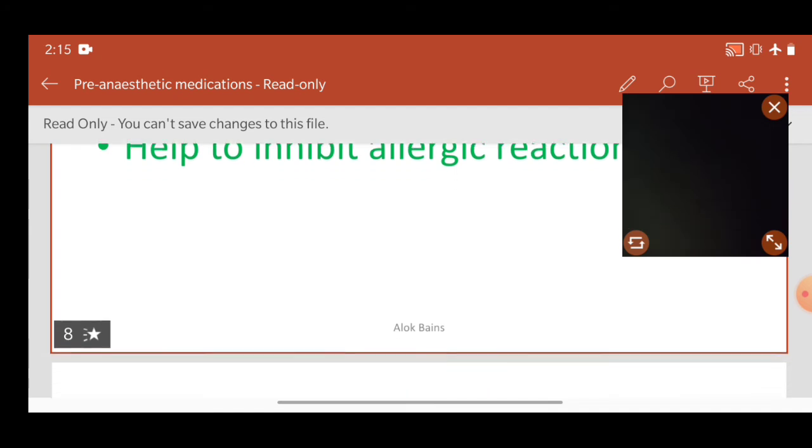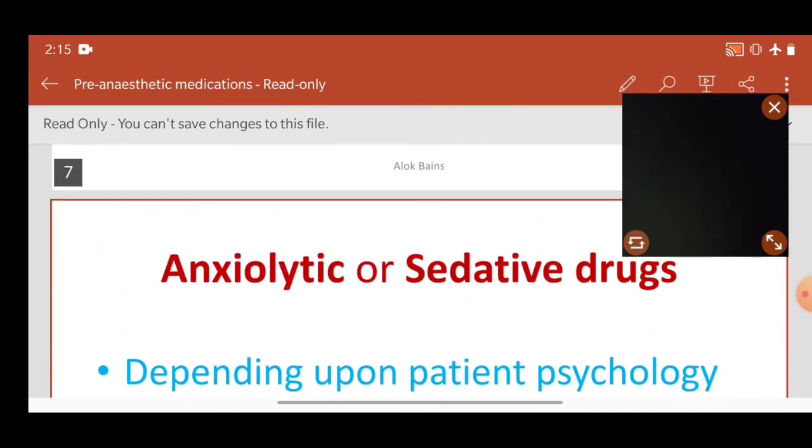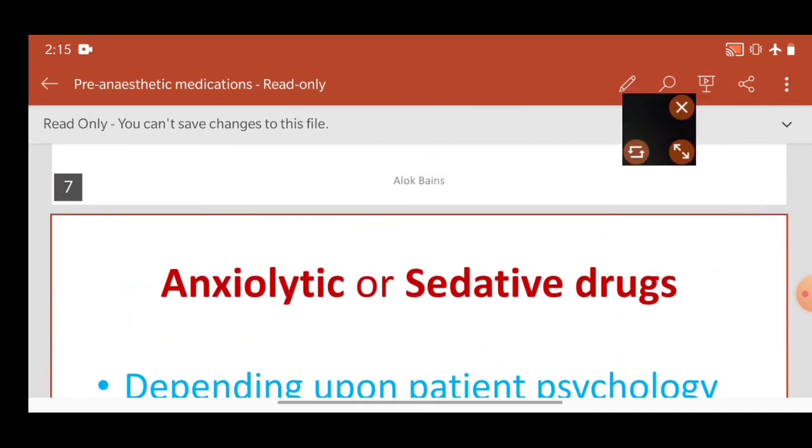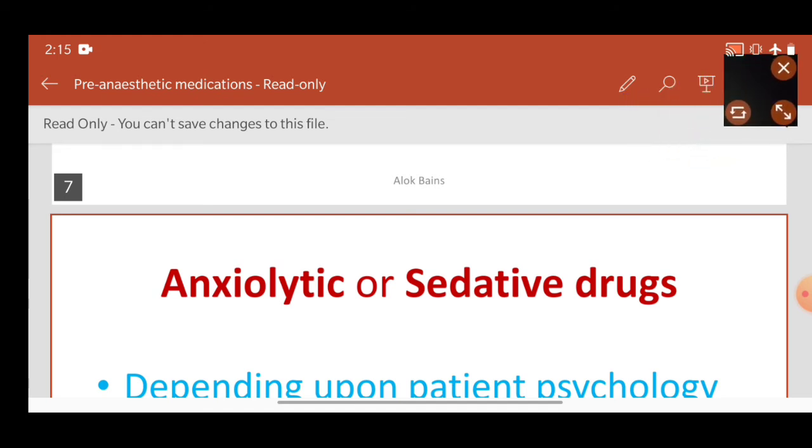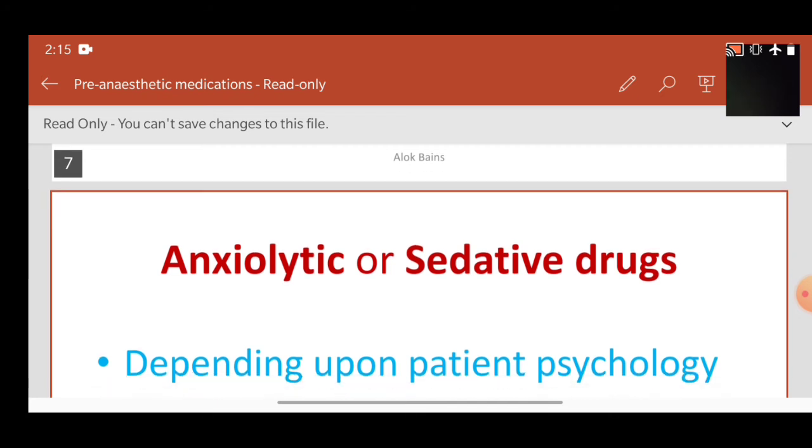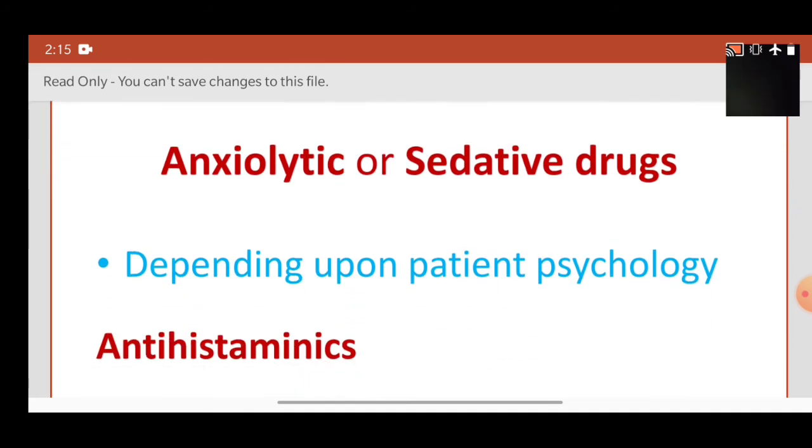The second category is sedative or anxiolytic drugs. As name suggests, anxiolytic means drug that kill or that destroy anxiety, and this anxiolytic is also called sedative drugs. Depending upon psychology of patient, anxiolytics are used.